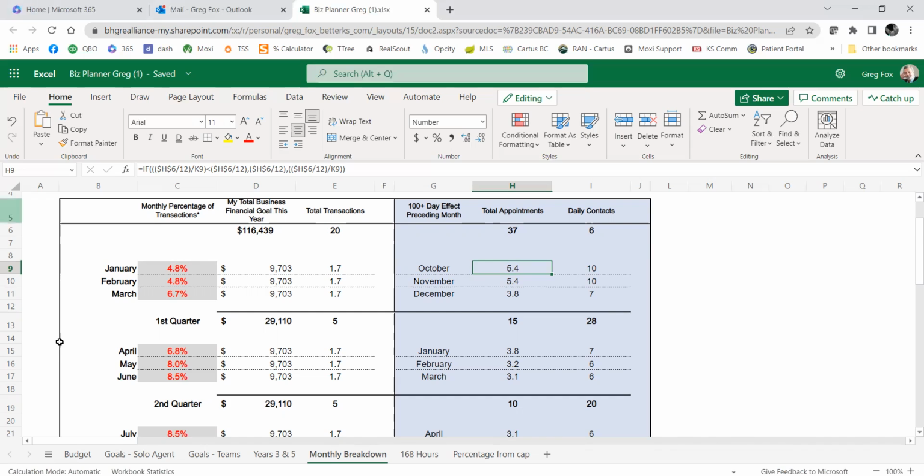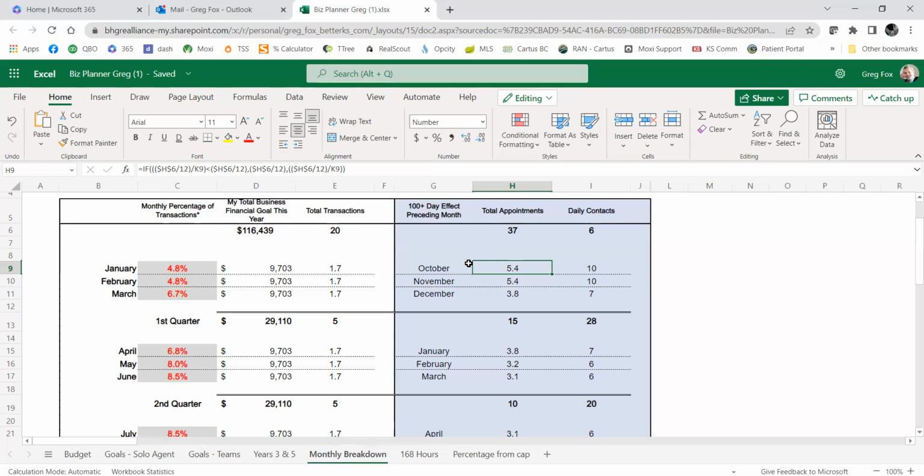So this is more about tracking what you need to do, what you've done, rather than your activity. However, there is one thing in here that's important over here. They are telling us that in order to get a closed transaction, you need to start with that client 100 days out.